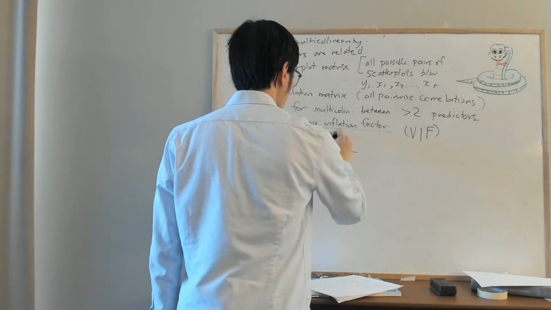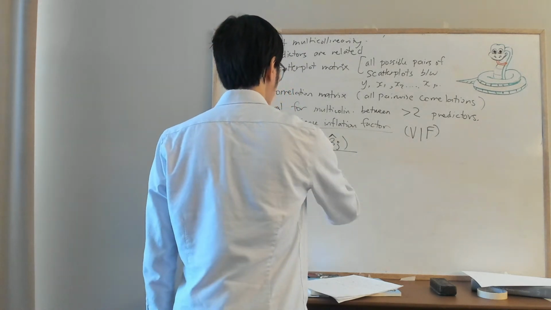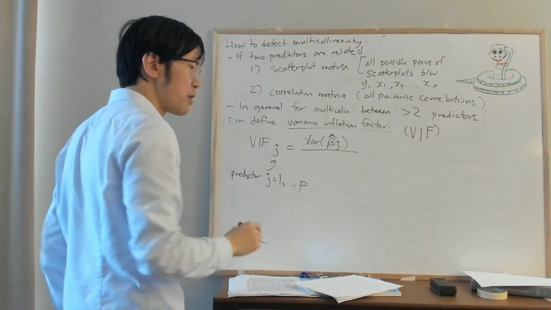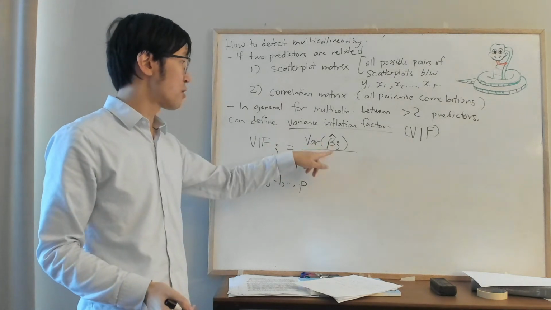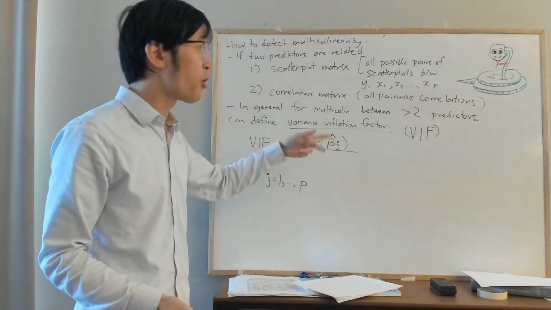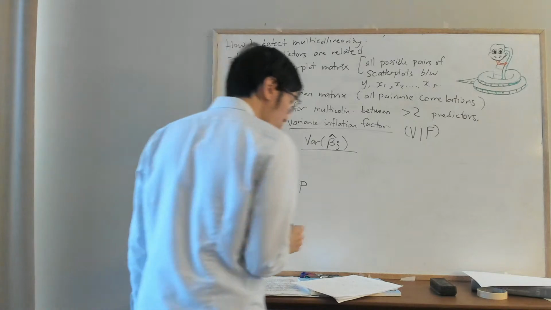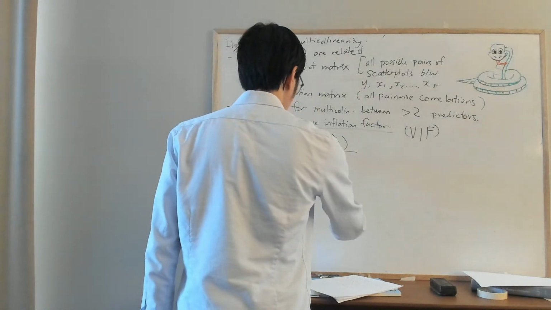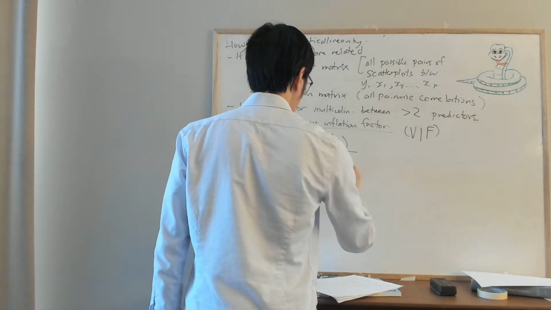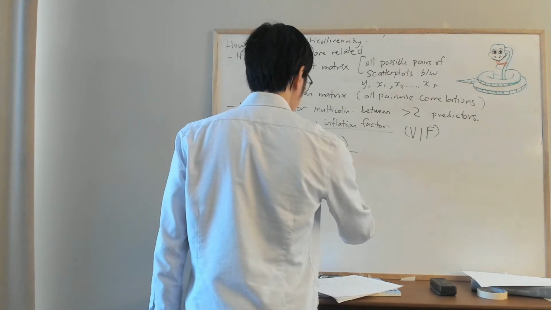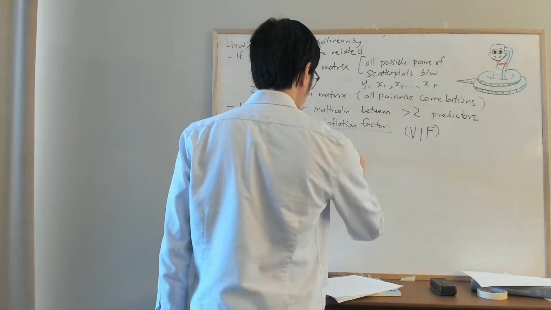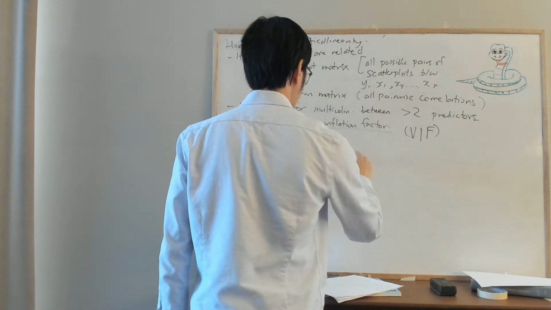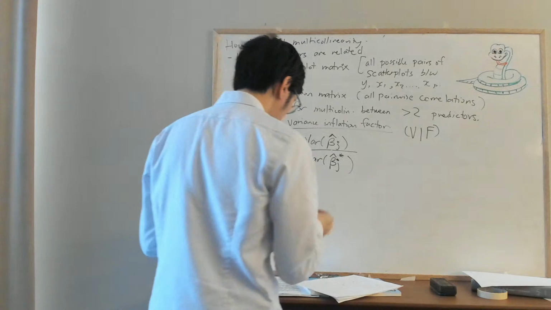The variance of beta hat j on top is the usual estimate for the model with all of the variables. On the bottom we calculate a reduced model with only predictor j, which I'll call beta hat star.